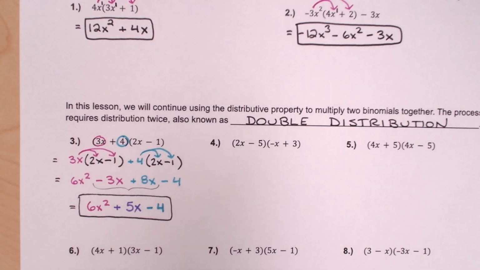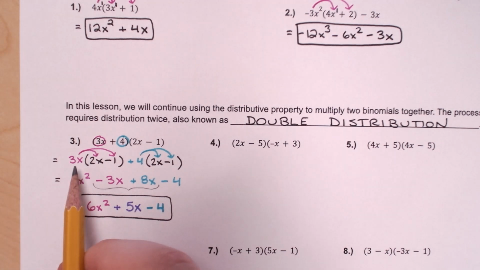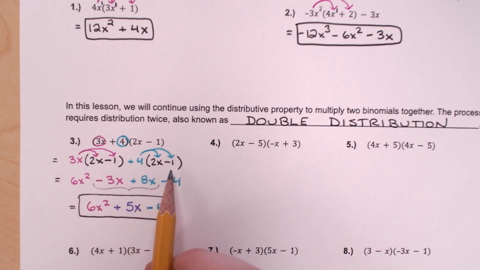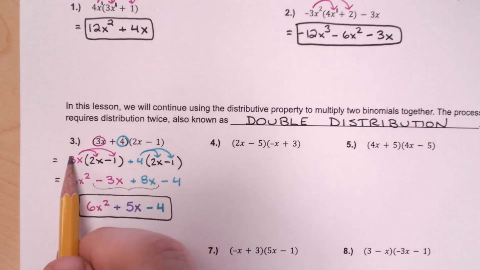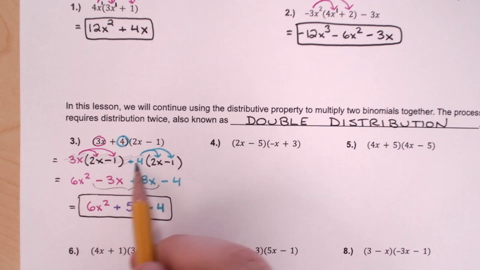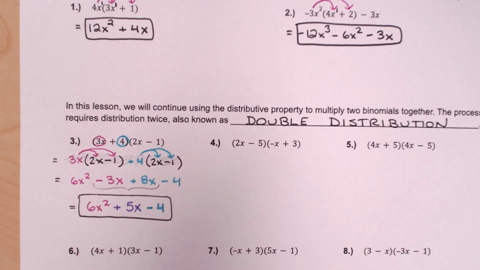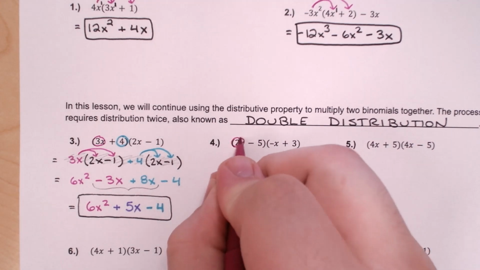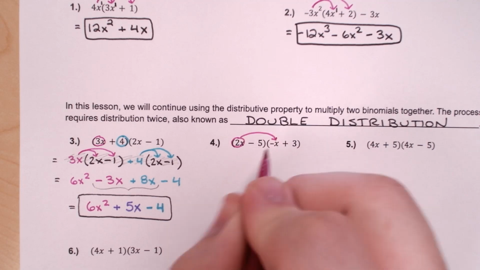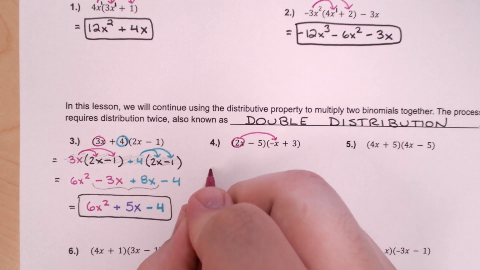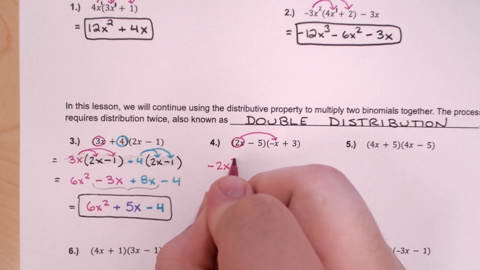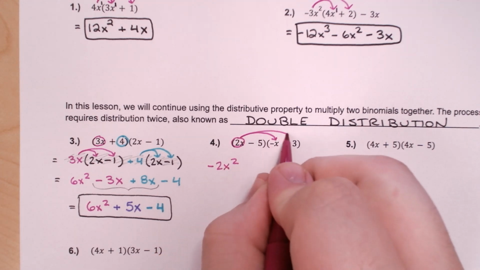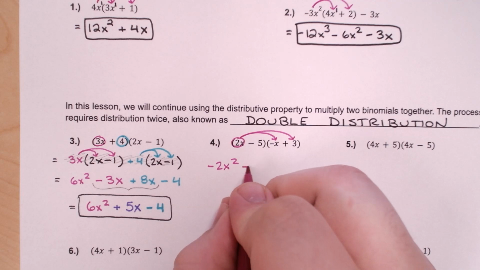Now I'll go ahead and say that this first thing that I wrote down, 3x times that and 4 times all that, usually people don't write that. They skip this step because usually what I see instead is people just do it like this. 2x times negative x is negative 2x squared, and 2x times 3 is 6x.